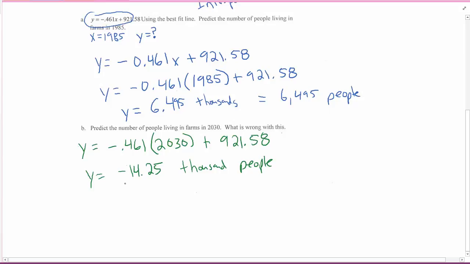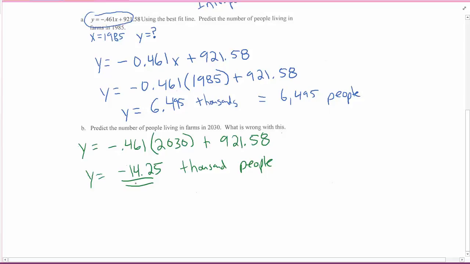So what's wrong with this is that this number doesn't make sense. As I was saying before, it doesn't make sense for us to have negative people living on farms. And theoretically, we're always going to have farms. We might have fewer of them and fewer people living on them, but we certainly need farms to survive.